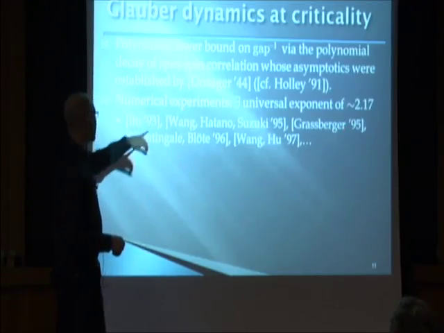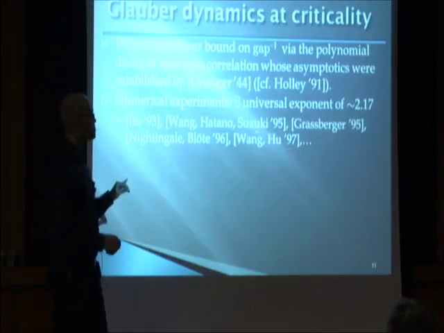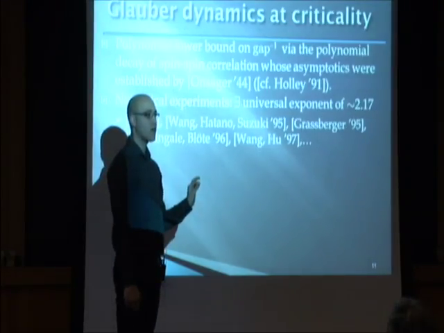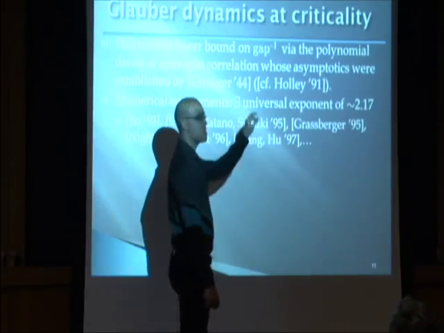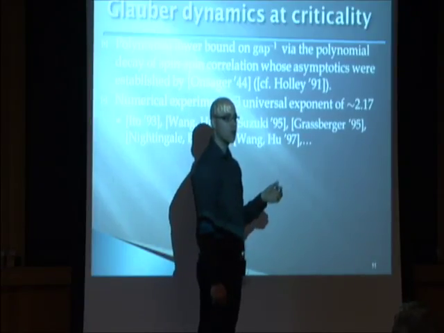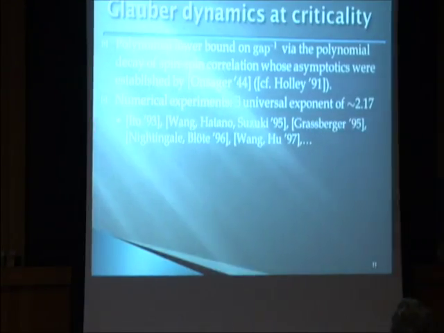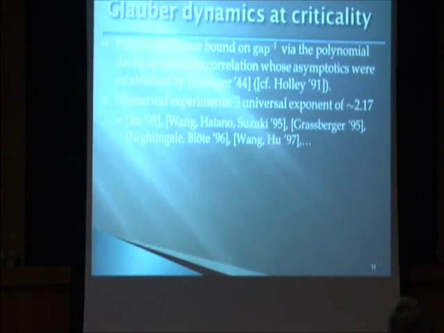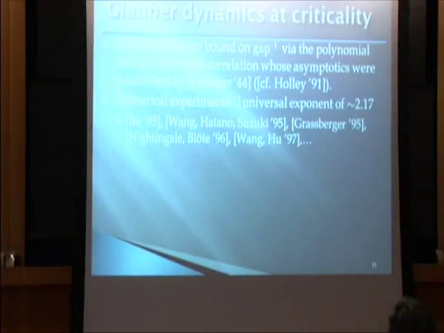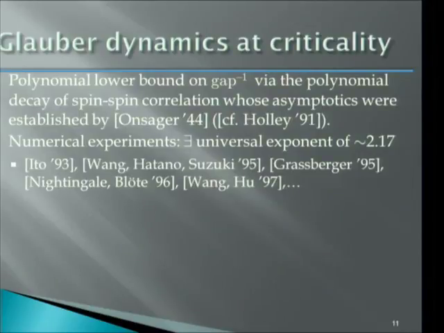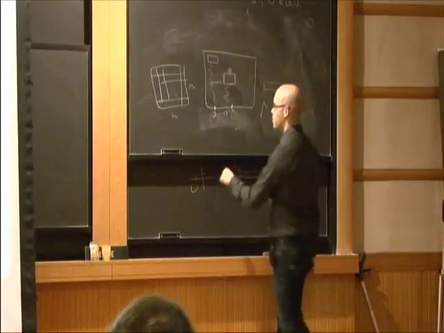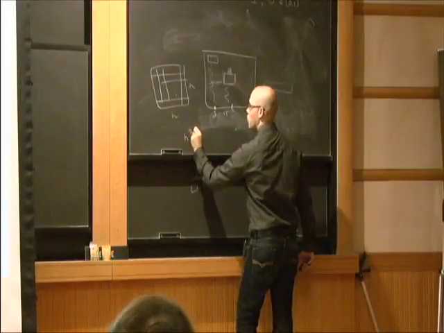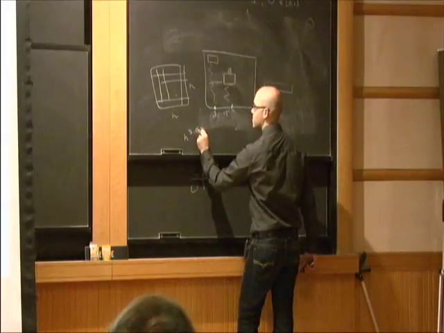So for instance, one of these works: what does this exponent 2.17 mean? Maybe there's no renormalization. This is just an experimental result. What does it mean? It means that if you have a box of n by n, then the continuous time inverse gap will be about n to the 2.17, 2.165 something.